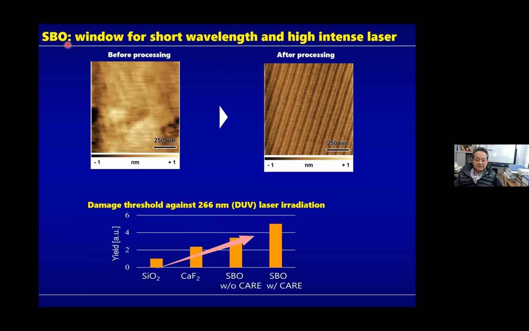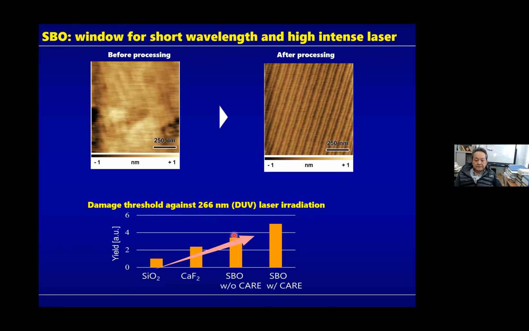And this is SBO, strontium boron oxide. This is the cheapest material for the window at the short wavelength region. And by using this kind of material, the damage threshold against DUV laser radiation becomes higher and higher.